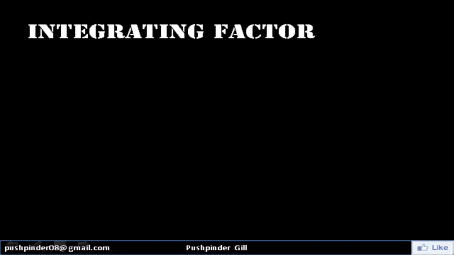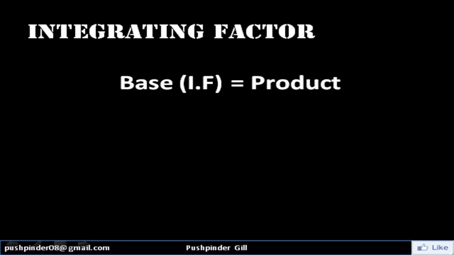So now we're going to work on the integrating factor. Let's see what an integrating factor is. This is what we learned in the previous slide, that y into 1 plus x by 100 is equal to your product. So y into the integrating factor is going to give you the product.